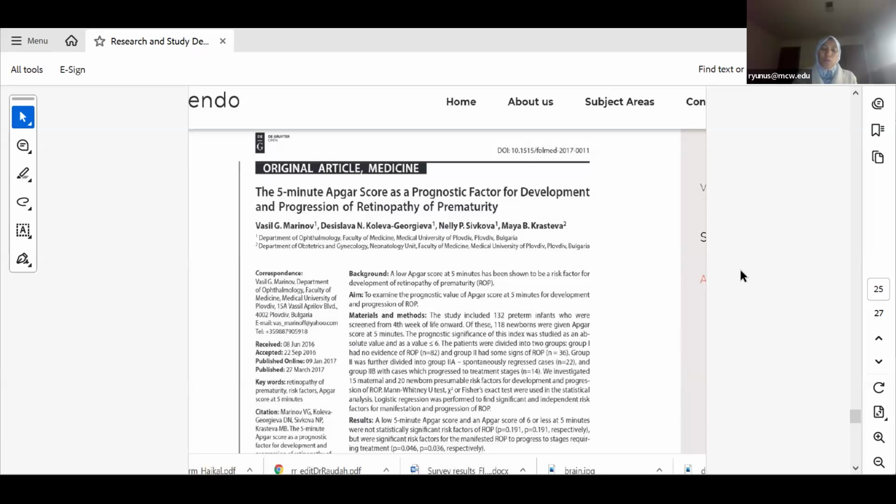In other words, they want to see to what extent the Apgar score can predict whether a baby will or will not develop ROP. So they look at the Apgar score at 5 minutes, and then they follow up with the child and see whether later on the child will develop this condition or not. So this is an example of a prognostic study.